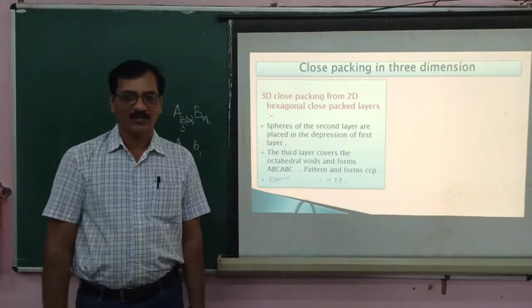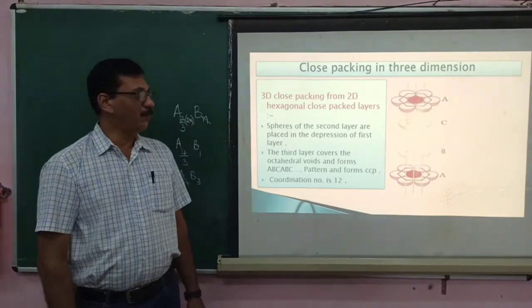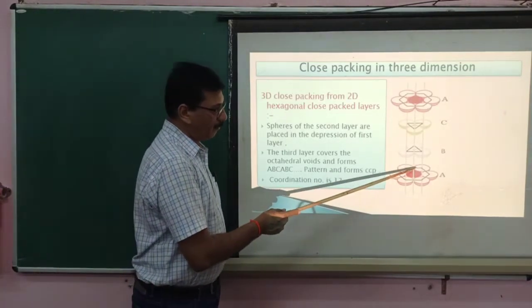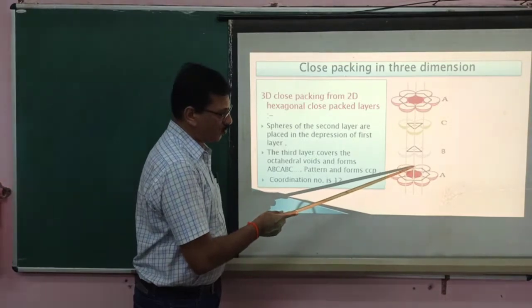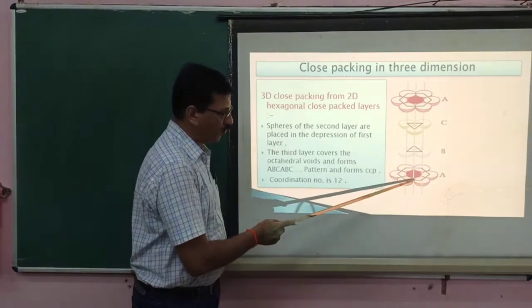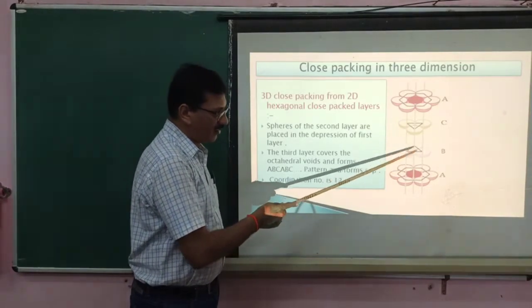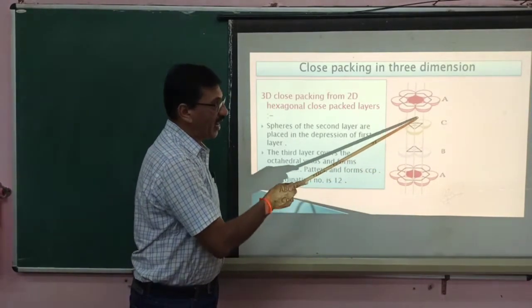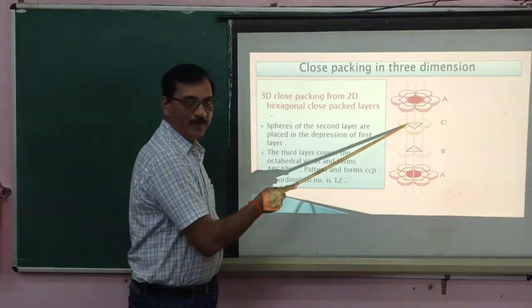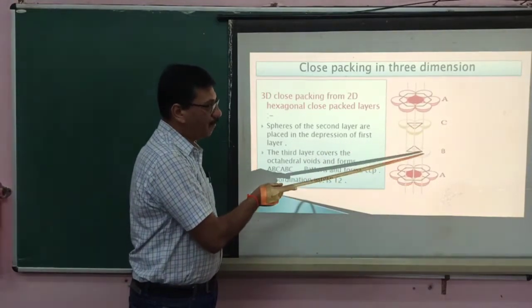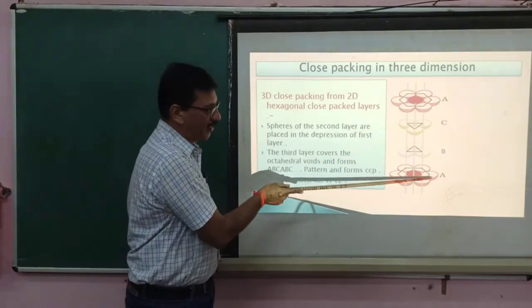So here the arrangement is ABC type. A layer, there are 6 depressions you can see. 1, 2, 3, 4, 5, 6 depressions are there. 3 depressions are covered by this layer, and the 3 others are covered by the next layer. So that is C layer. C layer, B layer are different. Now A, B, C, again the same kind of layer is there.